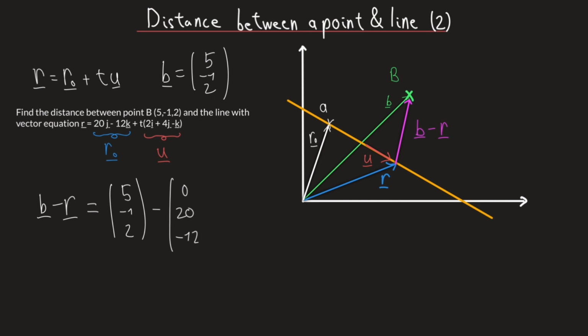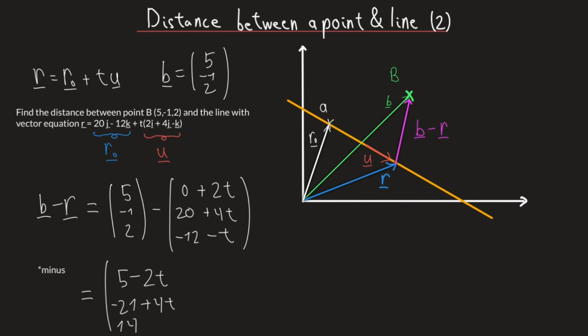But we also need to add the contribution of our direction vector u, so we will have plus t times 2, 4, and -1. Ultimately, we get that our difference vector b minus r will be 5 plus 2t, minus 21 plus 4t, and 14 minus t.